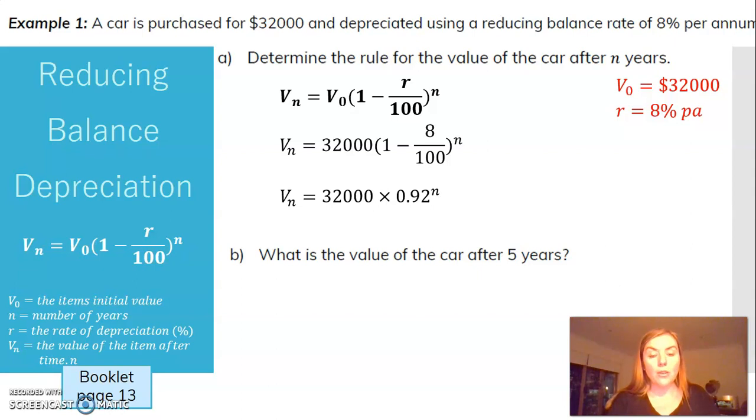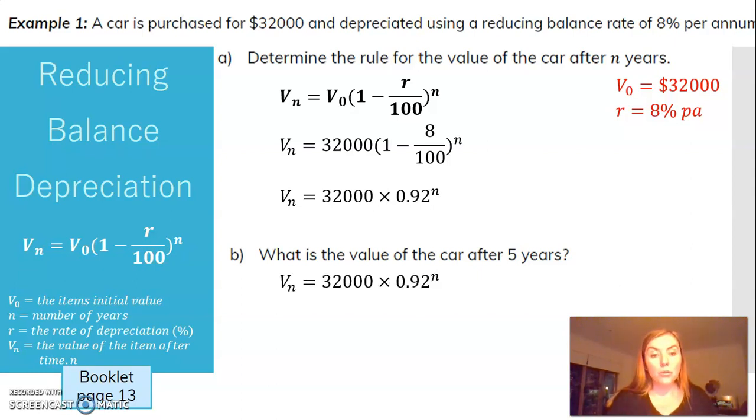Now we're going to use this rule to solve questions. We can either solve what the value of the car is after n years, or we can solve a time in which a value is a certain amount. So part B, what is the value of the car after 5 years? What do you think we might do to the rule here? We want to know what the value is, so we're solving Vn, and we know that n is 5.